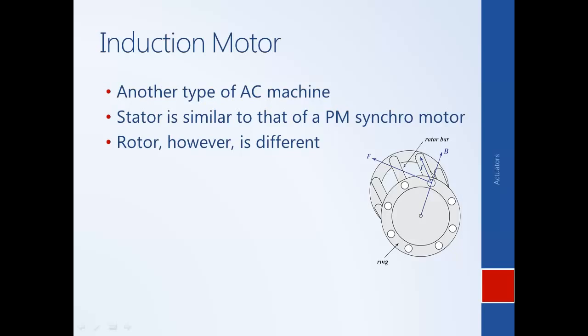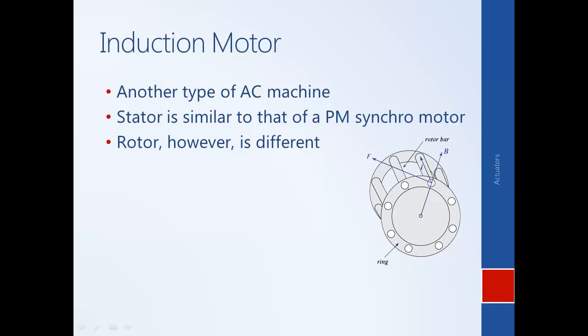And so it's not a magnet, and there's no physical electrical connection to the rotor, but current is induced in the rotor by this conductor being in the presence of a changing magnetic field. And so this current is induced in this squirrel cage, which creates a magnetic field which interacts with the magnetic field from the stator, causing a force which moves the rotor.